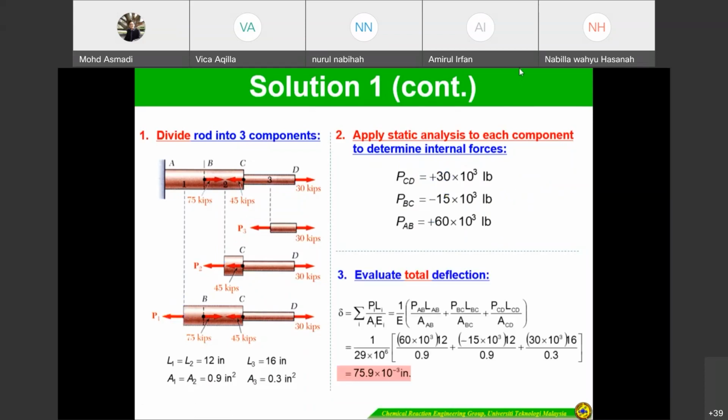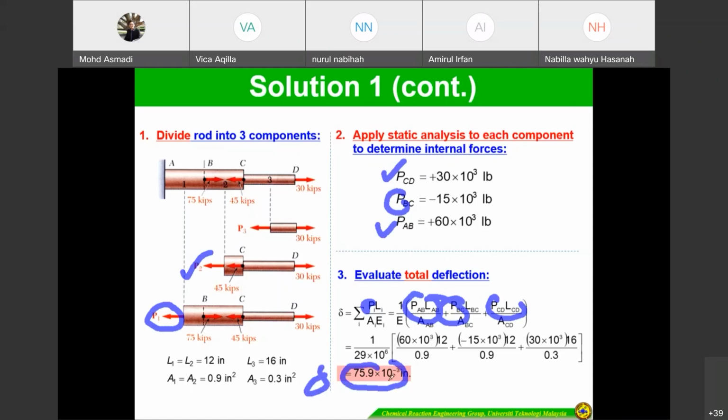Then you add the summation: PAB, PBC, and so on. So we can get 75.9 times 10 to the negative 3 inch for the deflection, which is 0.075. Very small.